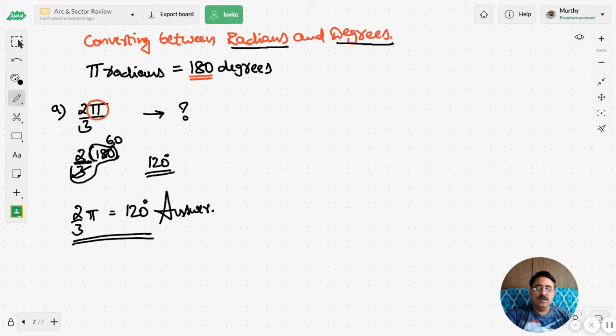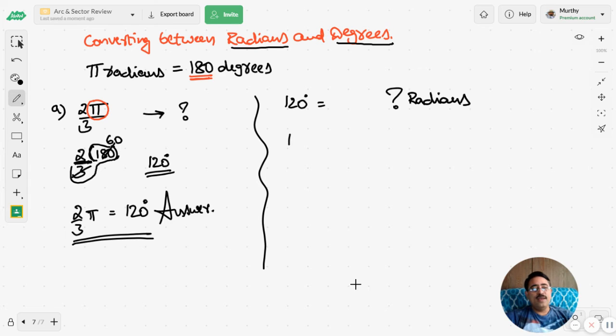Okay. Questions on this? Then you may get a doubt. Suppose you are given an angle, let's say 120 degrees, then how many radians? If this is the question, what you do is 120 times pi over 180.